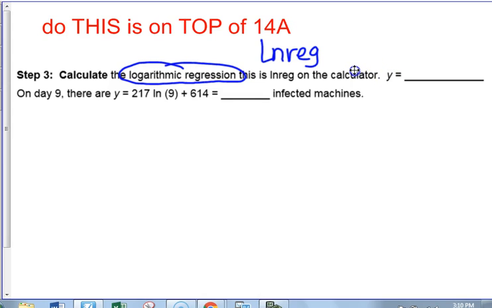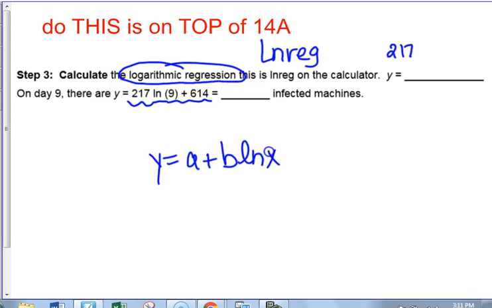This one gives you an error if you have a 0 in your list 1. Anybody think about why that would be? Okay. Did you get something? I wrote this down here. Is this about what you're getting? 217? No? What does it say? y equals a plus b ln of x.